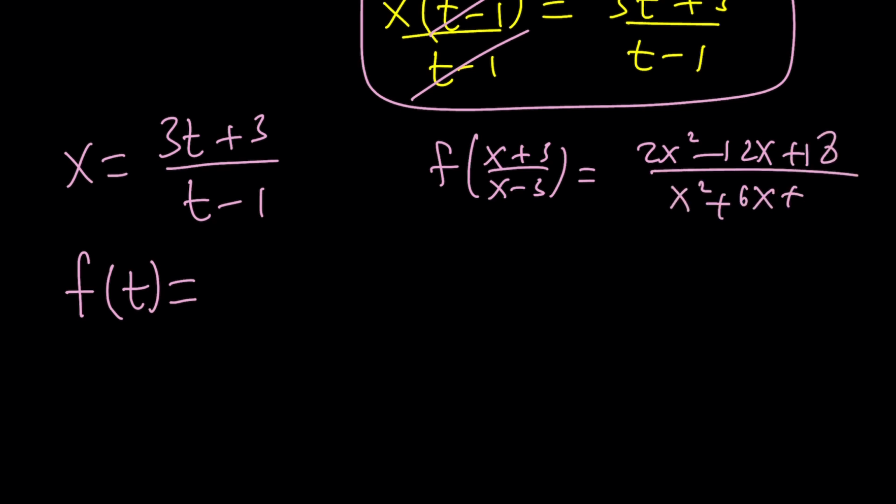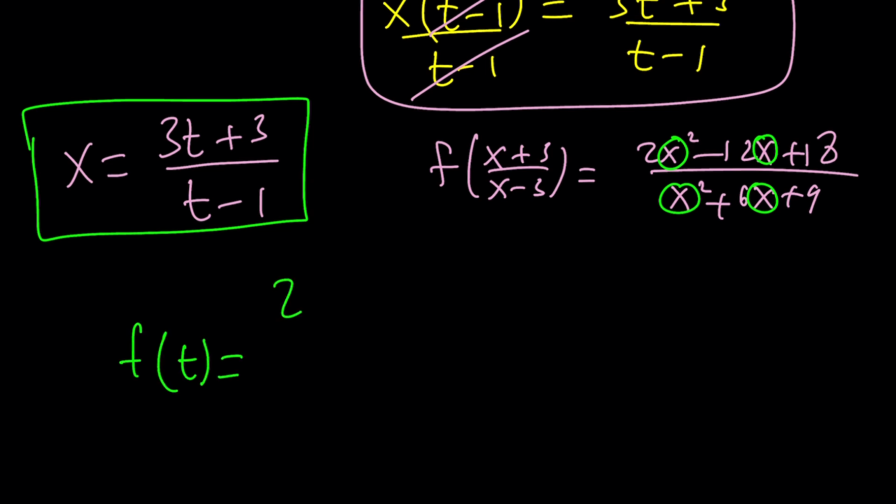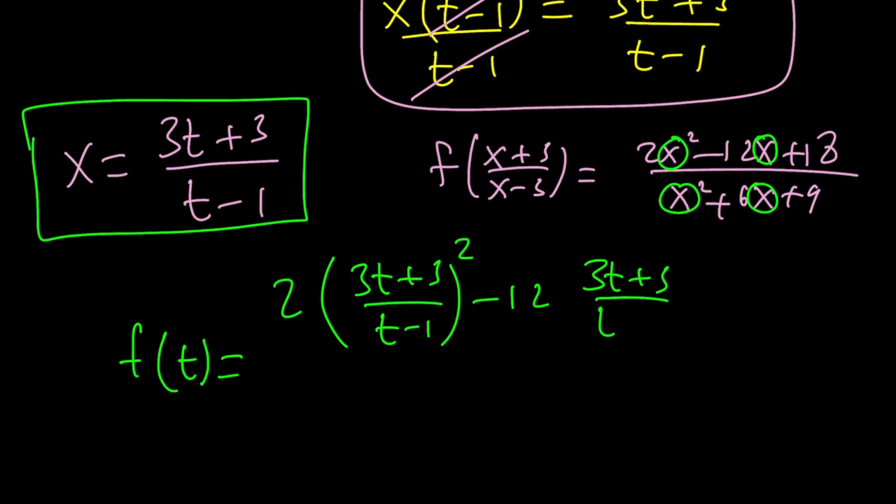Now I'm going to substitute x here and here and here and here, replacing x with (3t plus 3) over (t minus 1). So f of t equals 2 times x squared, which is (3t plus 3) divided by (t minus 1), squared, minus 12 times (3t plus 3) divided by (t minus 1), plus 18.